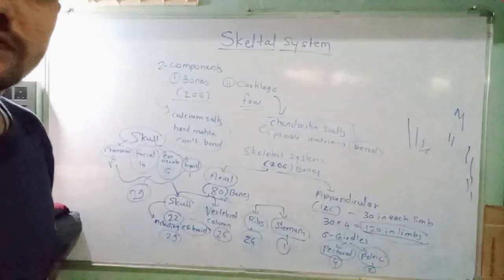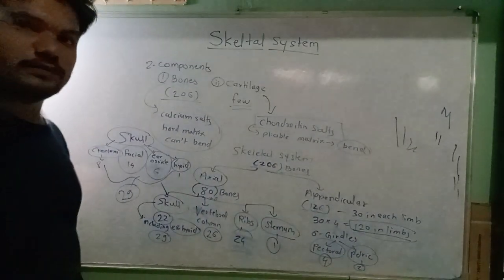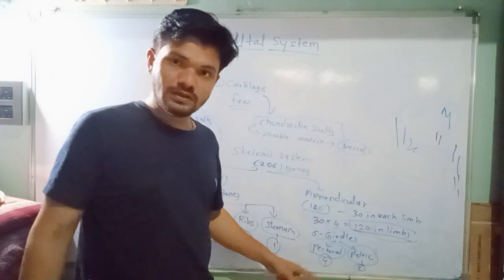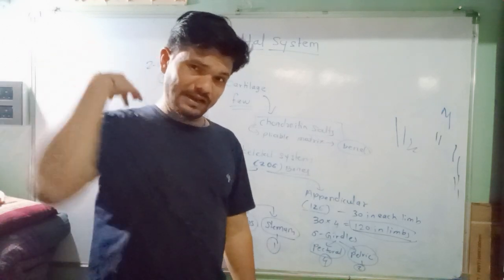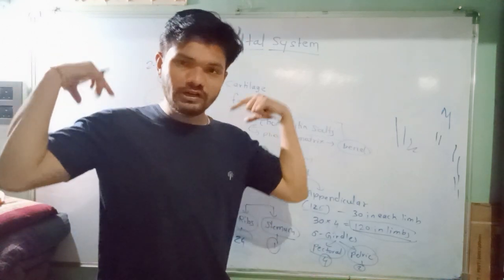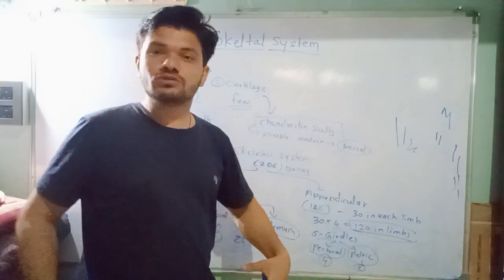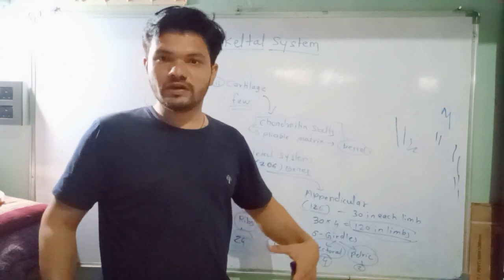I hope it is visible. Pectoral girdle has 4 bones, including your scapula and clavicle. 2 scapula, 2 clavicle, 4 bones. Pelvic girdle has 2 coxal bones, one here, one here.